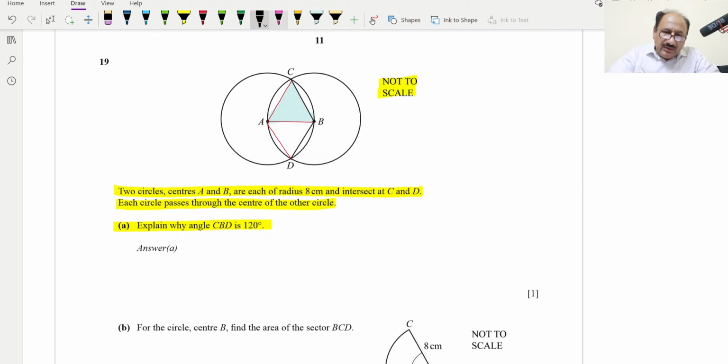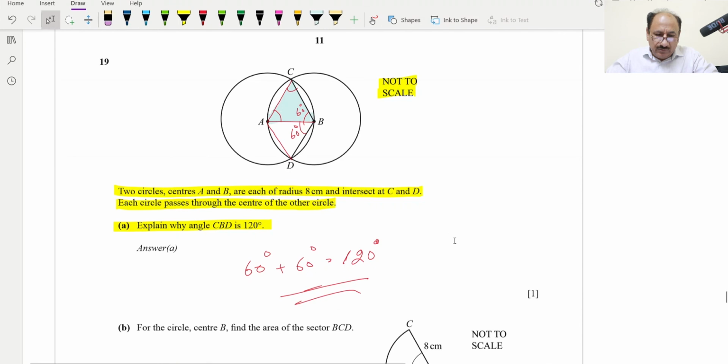So this angle will be 60 degree. All sides are equal, so angles will also be equal. So this will be 60 degree and this angle will also be 60 degree. So 60 plus 60 will be equal to 120 degrees. This is how we have calculated up to 120 degree.